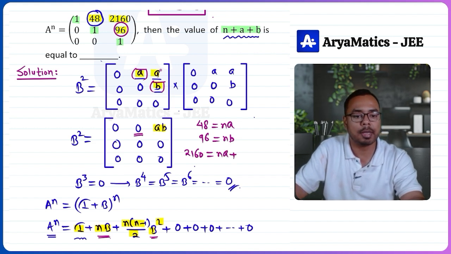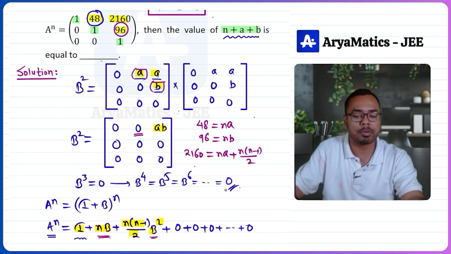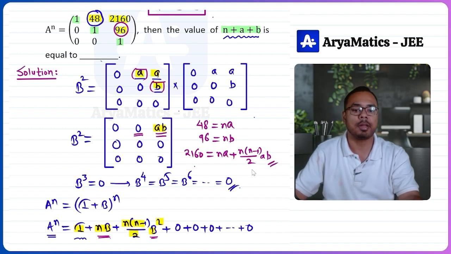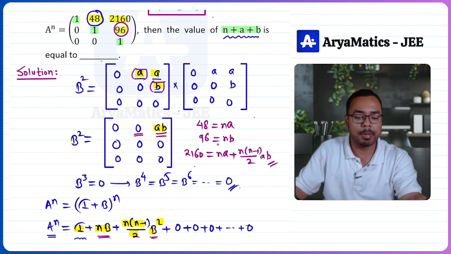N into matrix B, and in matrix B, we have A here. And that multiplied by N into N minus 1 by 2, B square. And for B square, the corresponding element is AB. So these are the three equations that we have, right? One equation, NA is 48, other equation NB is 96, and then this is the third equation.